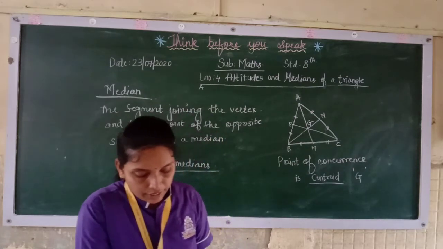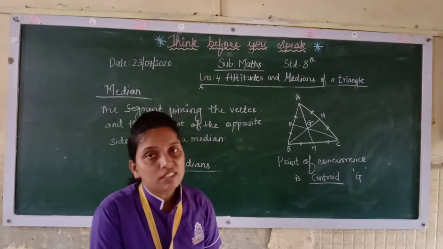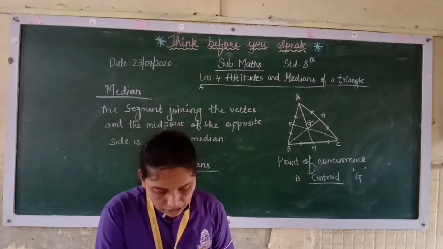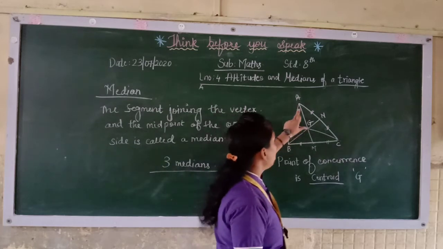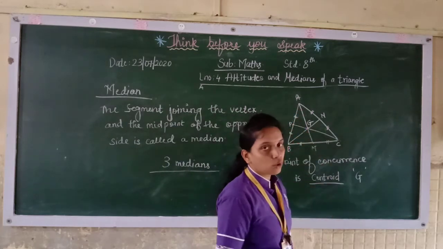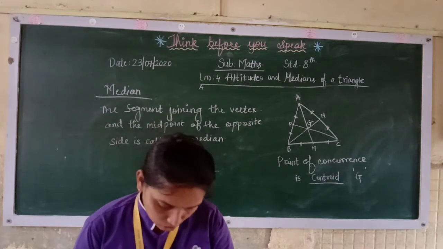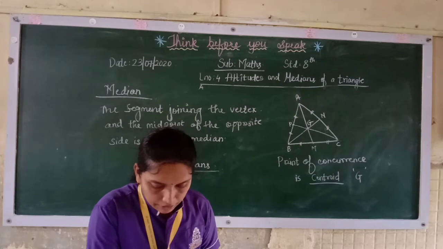And the centroid is denoted by the letter G. So if it is G, it is a centroid. And the centroid divides each median in the ratio 2:1. So each median here, it is dividing in the ratio 2:1. So I hope you have understood till now what we did over here.